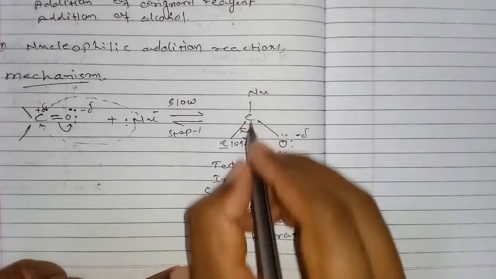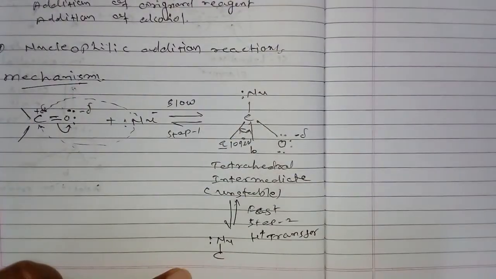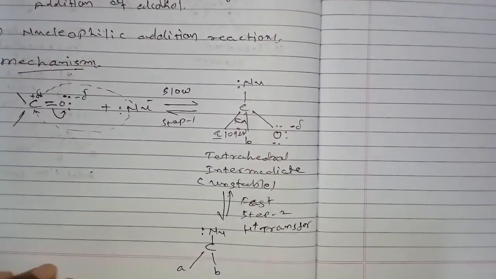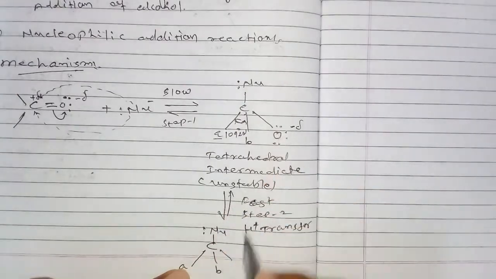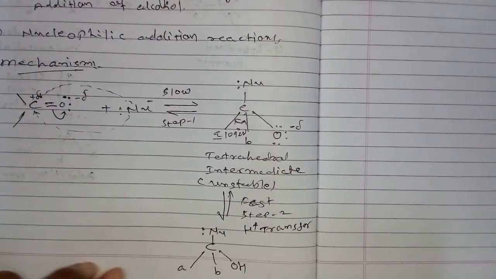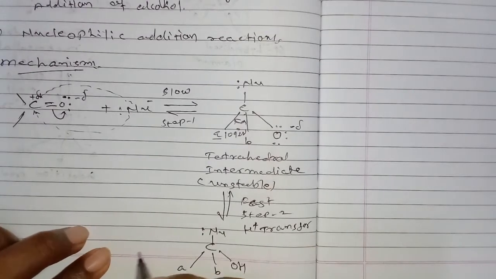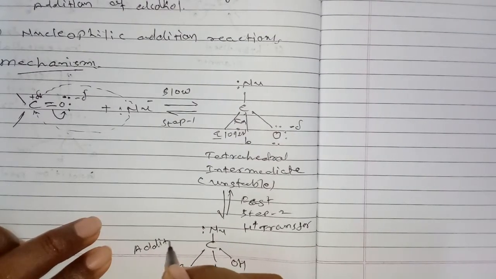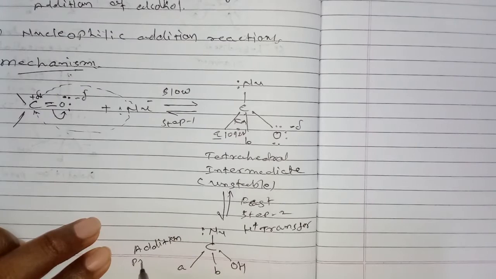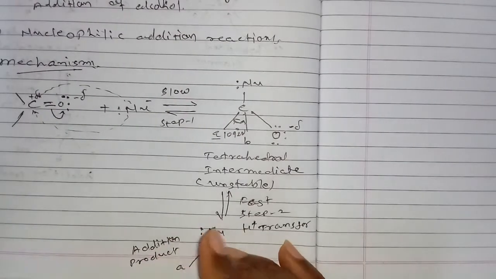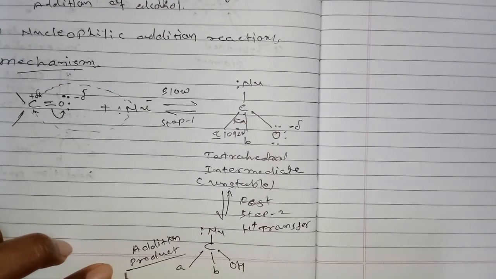The nucleophile, atoms or groups A and B, and now this will be OH, and the addition product is formed, which is stable.